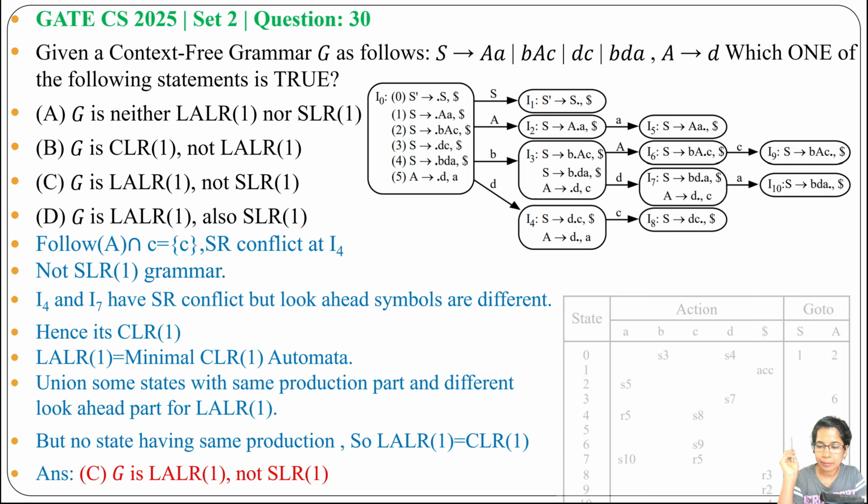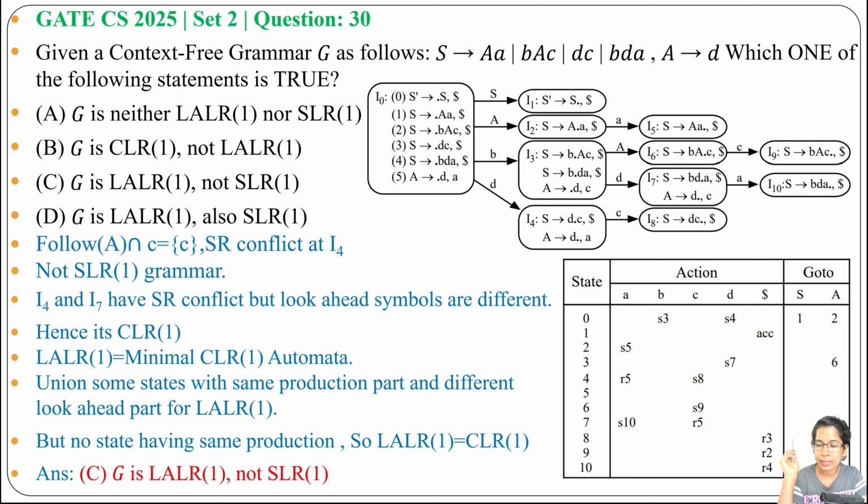If we create the table for this, the table will look like this. This table is for both LALR1 and CLR1, as for LALR1 we are not merging any state. Just check I4 and I7. Now this reduction, it is R5, that will be written in the A column. Then S8 by C, we are going to state 8, that will be written in the C column, right?